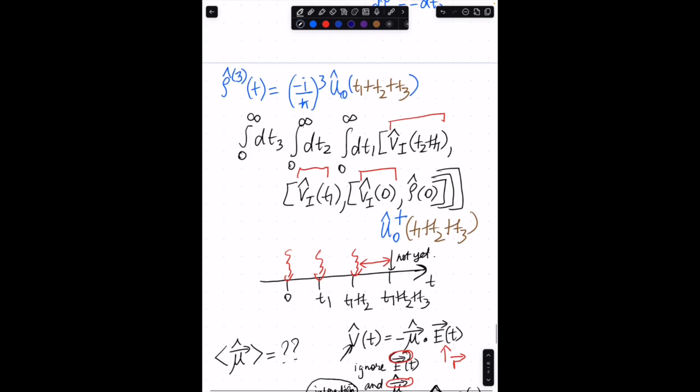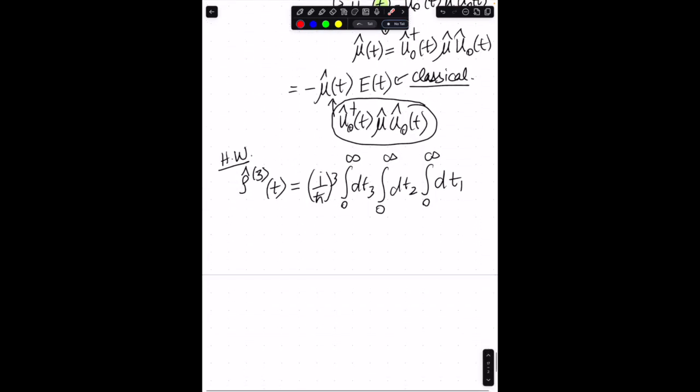Quite obviously, the electric fields can be brought out of the commutator when I put it in because they are just classical. So I will park the electric fields here, and then I will leave the dipole operators inside. So what do I get?